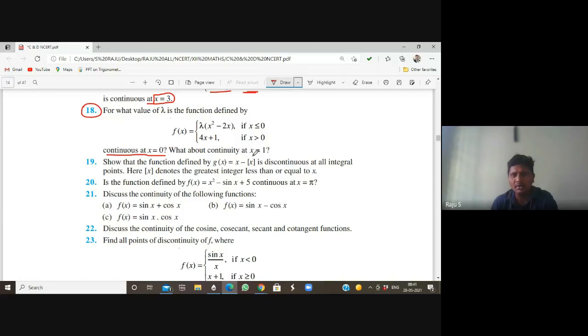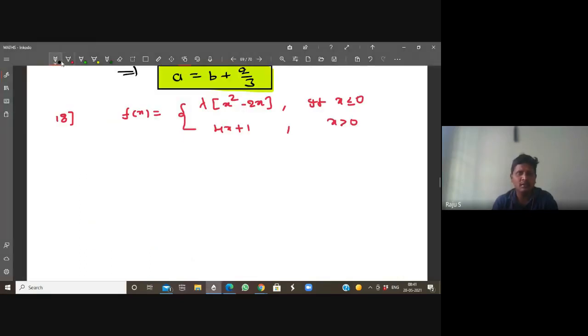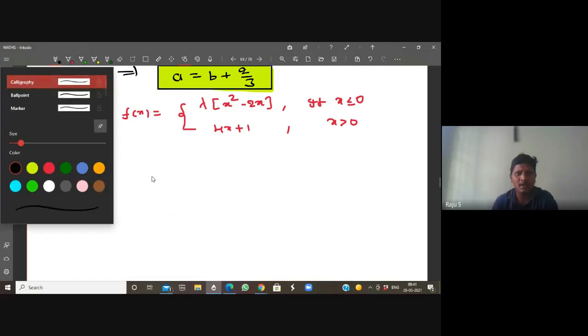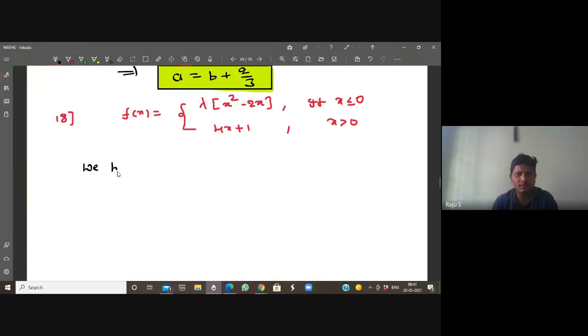Then what about continuity at x equal to 1? Okay, let us see, this is later. First, they have given it is continuous at x equal to 0. Then we have to write the condition again. Solution: given that f of x is continuous at x equal to 0.